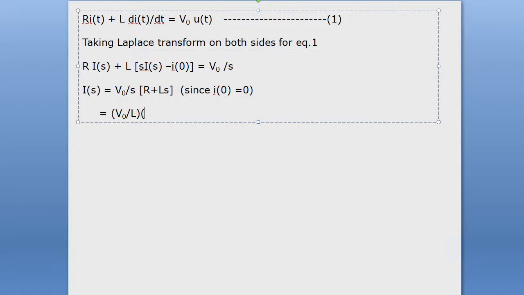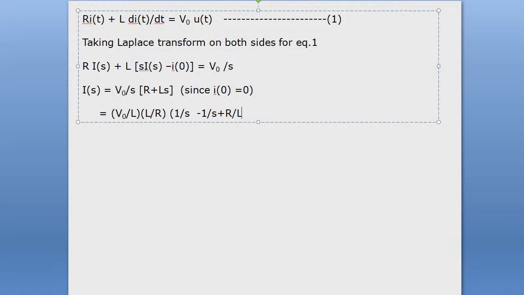Then you can write, let me write it, L by R into 1 by s minus 1 by (s plus R by L).